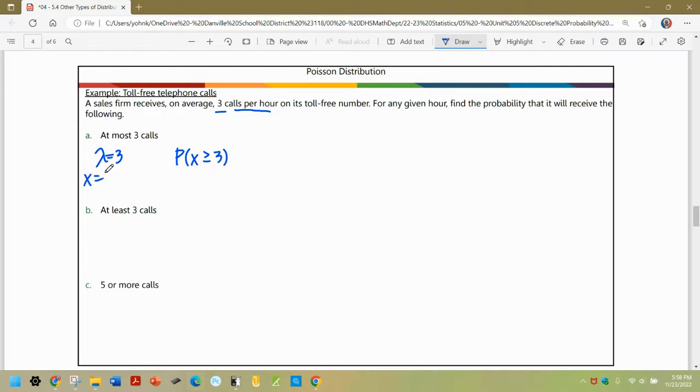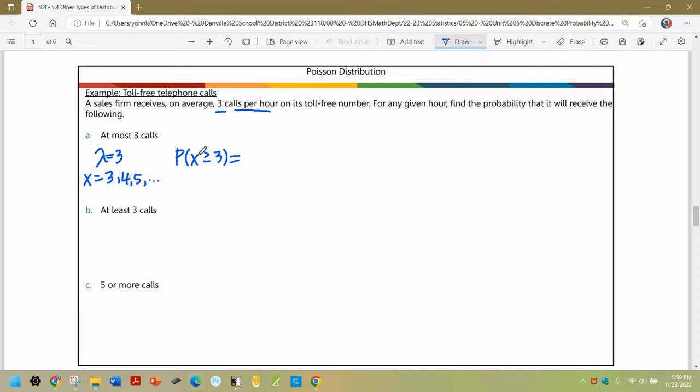That means I'm doing 3, and then 4, and 5, and I don't know how many I'm going to stop with. So I'm going to use the Poisson CDF to calculate everything below.